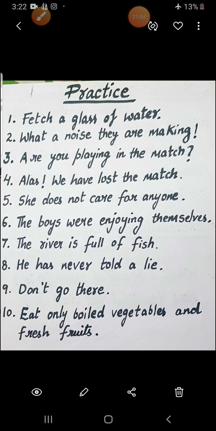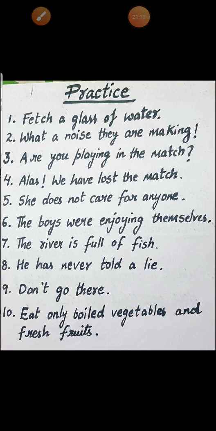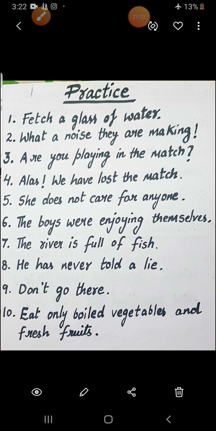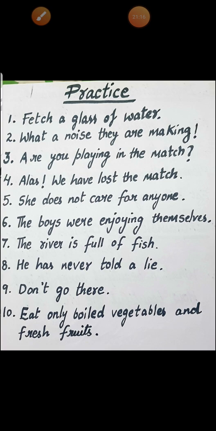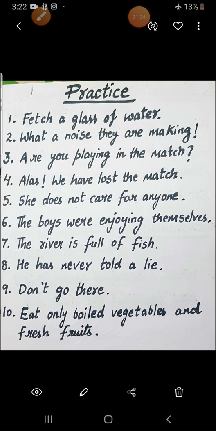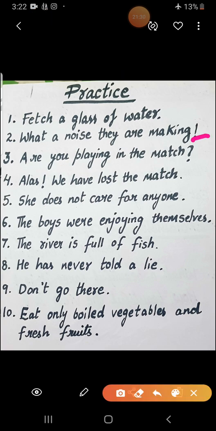What you all have to do is write these sentences somewhere, anywhere, in your rough copy, your rough pages. I'm telling you all. First one is what? Fetch a glass of water. Second one is what? What a noise they are making! And there's an exclamation mark. I hope you all can see this exclamation mark.